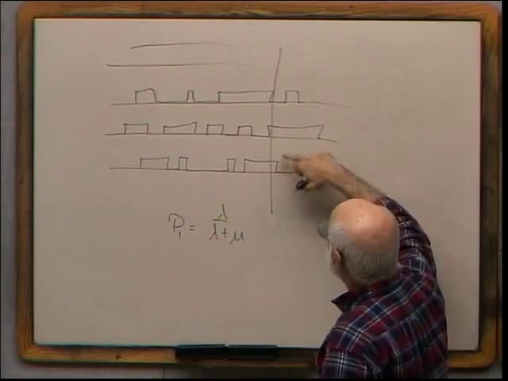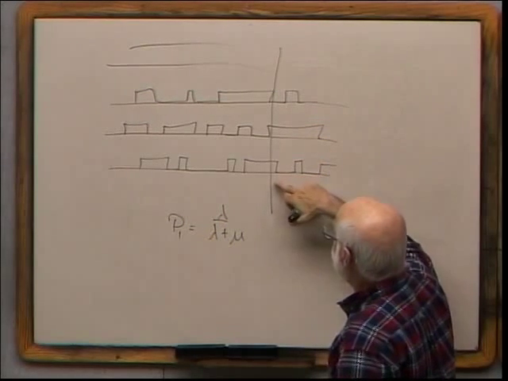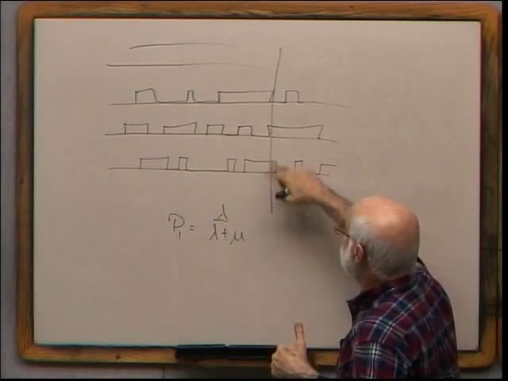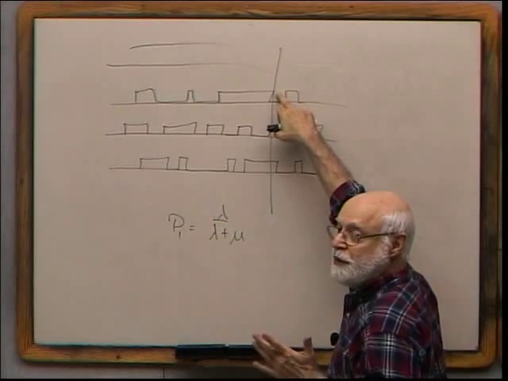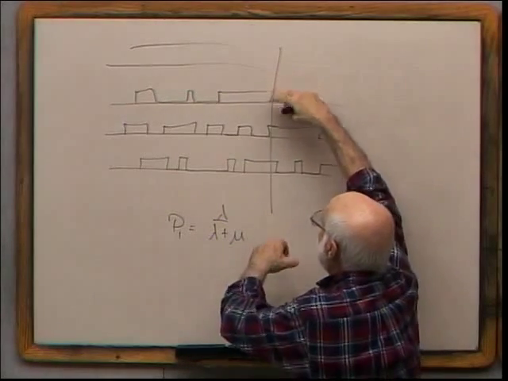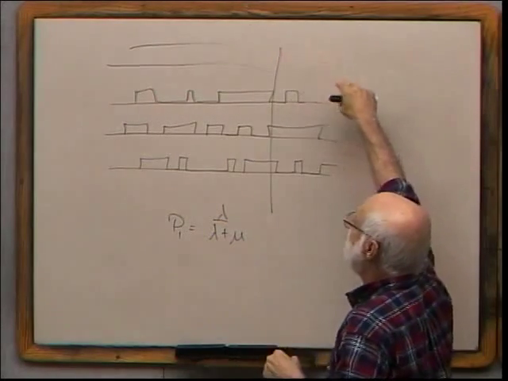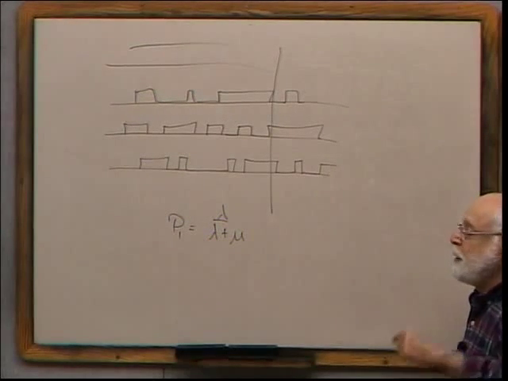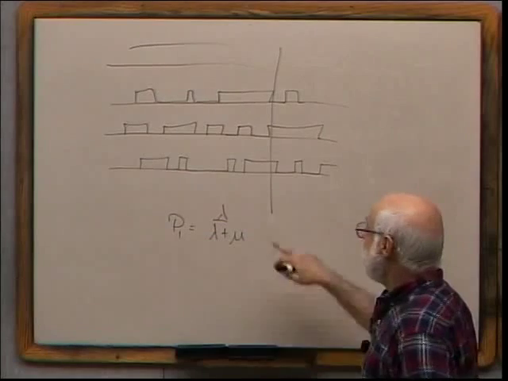If when I look at that time the system is in state 1, I count it. Since this one is in state 0, I don't count it, and so forth. I take this ratio over an infinite number of systems, and that fraction should be the same as this probability right here.